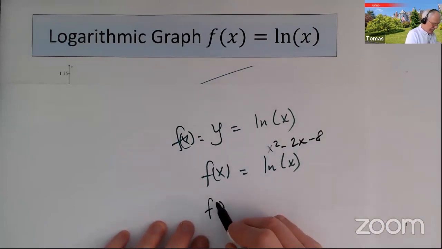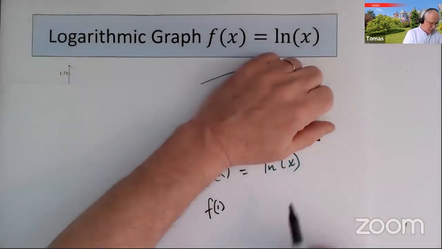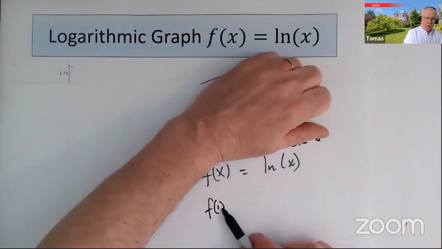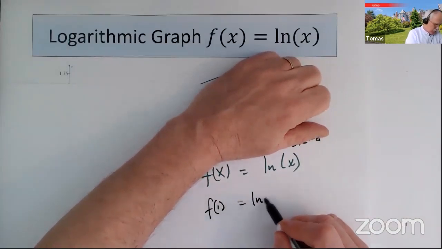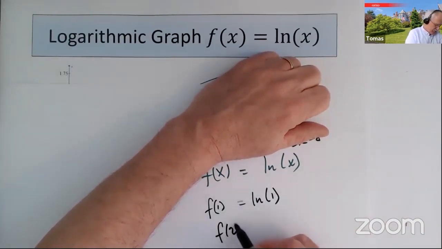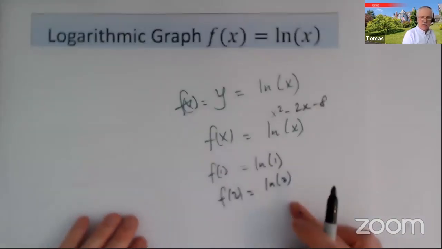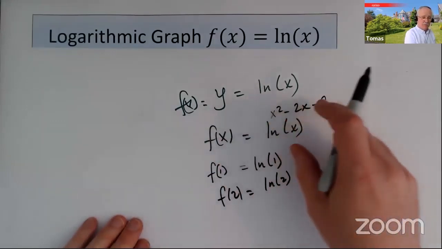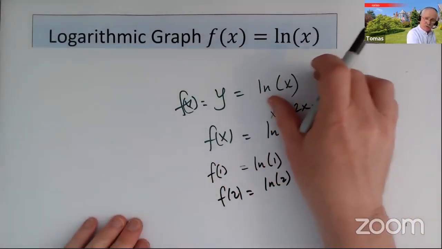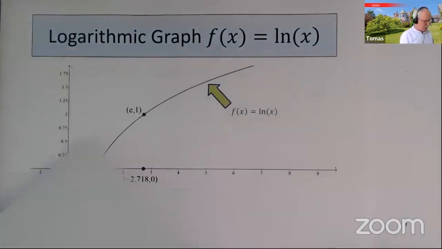If we want f(1), everywhere there's an x, we put in 1. So f(1) is log 1, f(2) is log 2, f(3) is log 3. It's just a y and a function of x, and you just plug in numbers.